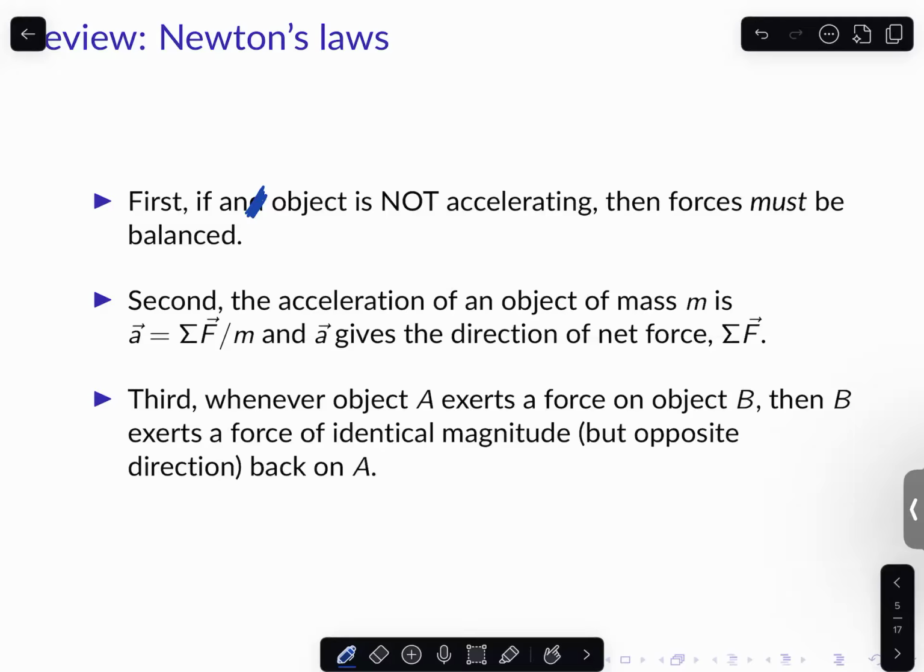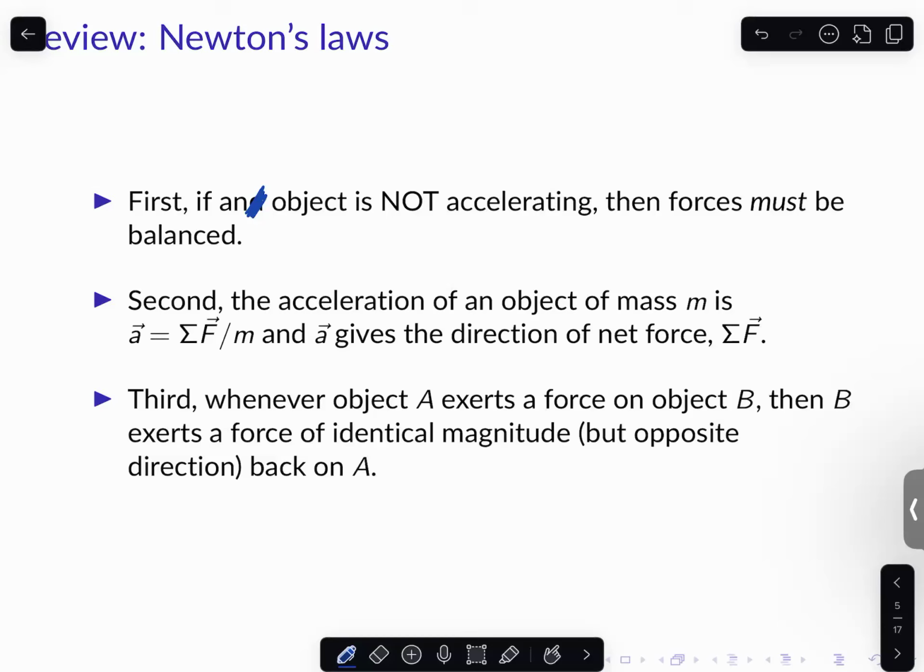So far, so good? Now the concept that most wrecked people, other than the first two questions, the biggest force concept that wrecked people on Wednesday last week was Newton's third law, and in class too, what I was saying two weeks ago.